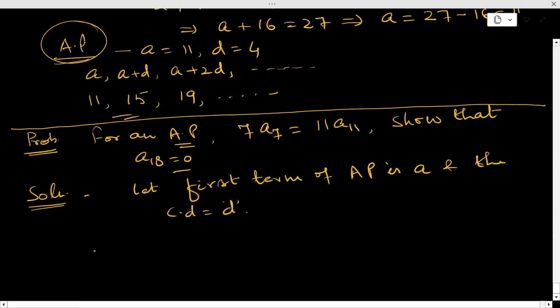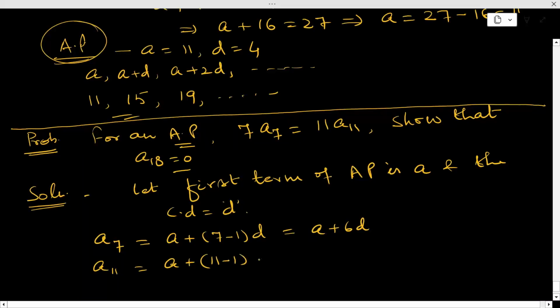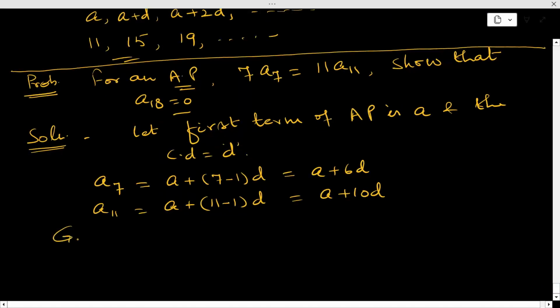Using this, we have a7 as a plus 7 minus 1 into d, so that will be a plus 6d, and a11 as a plus 11 minus 1 into d, so that will be a plus 10d. We are given that 7 times a7 is equal to 11 times a11.